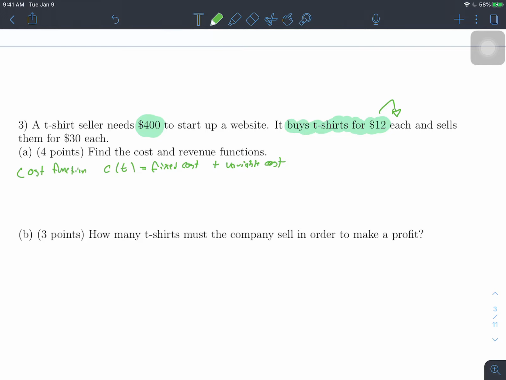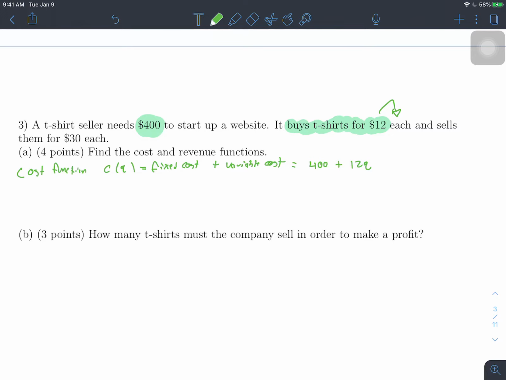Hence, it is variable. So this is going to be equal to $400 plus our variable cost will be $12 per t-shirt. So if t is the number of t-shirts, why don't we make it q? This is the usual notation that we've used in this class. We use q for quantity of t-shirts. 12q.